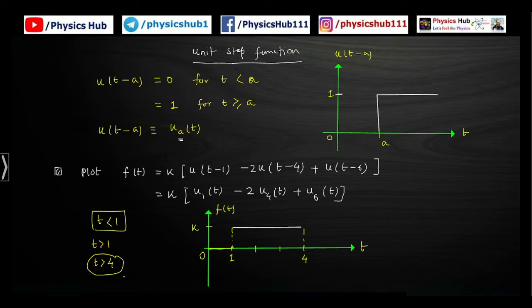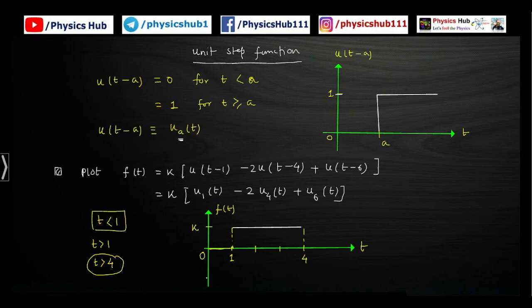So you see, when t is greater than 4, what will happen? u4 of t is giving you one value. So the total value becomes k into u1 of t, which gives 1, minus 2 into 1, and that value will be minus 1. So this is basically minus k. Getting it? So beyond t equals 4, the value will be minus k.